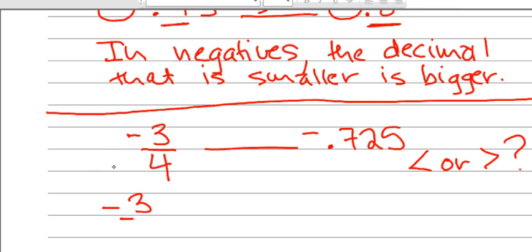Okay. Now, we might remember that a quarter is 0.25, a half is 0.5. Well, what would 3/4 be? 3/4 is 75 cents. So it's really 0.75, or negative 0.75 because we're in negatives. So you would get the same answer if you long divided that out.